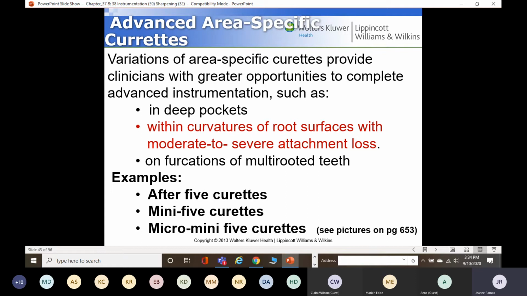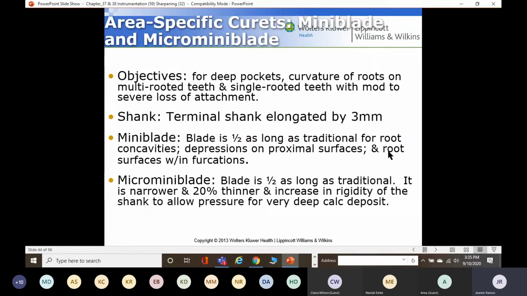The advanced ones, the after fives, mini fives, micro mini fives, are all different variations that adapt to the curvatures of the root better with moderate to severe attachment loss, and in furcations of multi-rooted teeth. So the objective is for deep pockets, with these mini blades and micro mini blades, curvature of the roots, multi-rooted teeth, and single-rooted teeth with moderate to severe loss of attachment, which could be on a single-rooted tooth for sure.